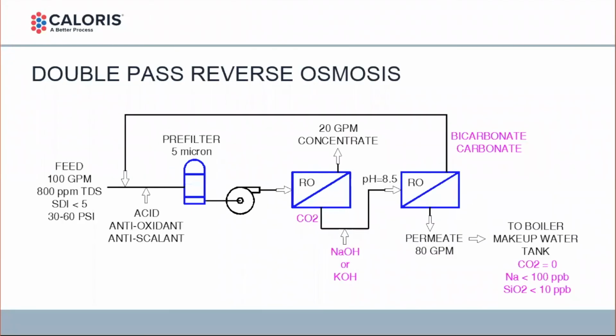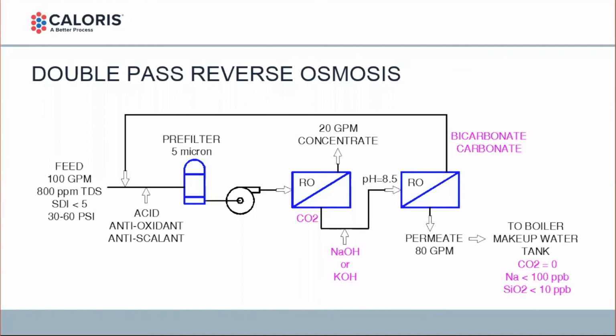Okay, so a little bit more complicated RO design is the double pass RO, and the beauty about this one is it's going to remove CO2. So what's going on here is you have a regular RO. You're taking the permeate from the first RO, which has CO2 in it. That's actually your main impurity, that CO2.